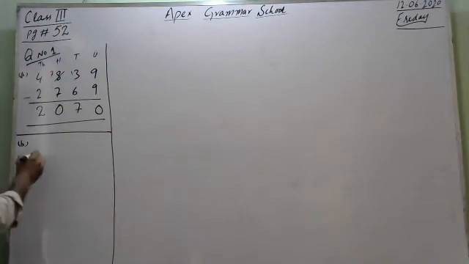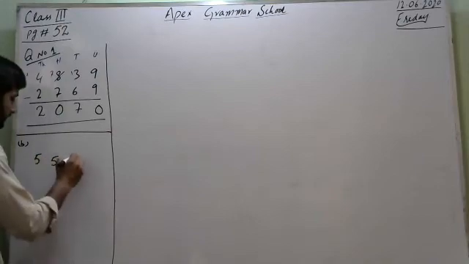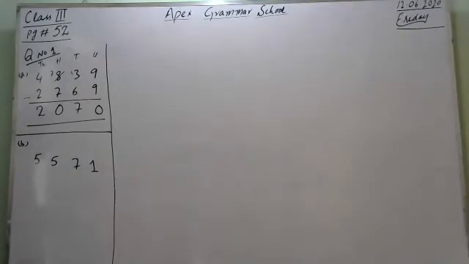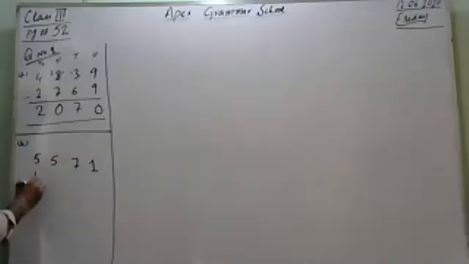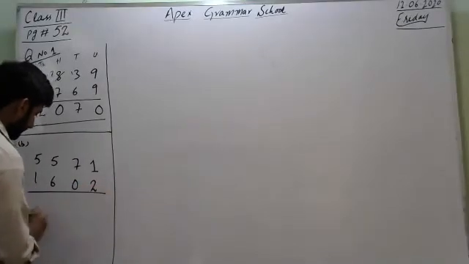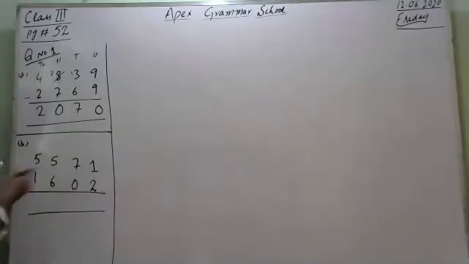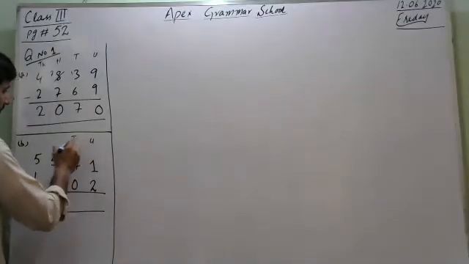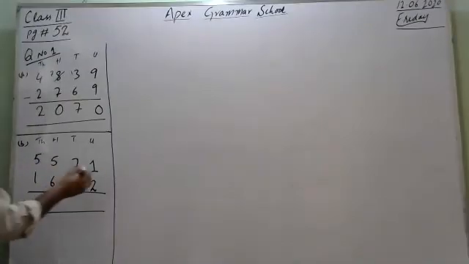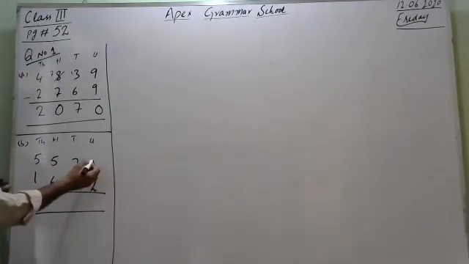Next is 1602. From extreme right side, 1 is smaller and 2 is greater.